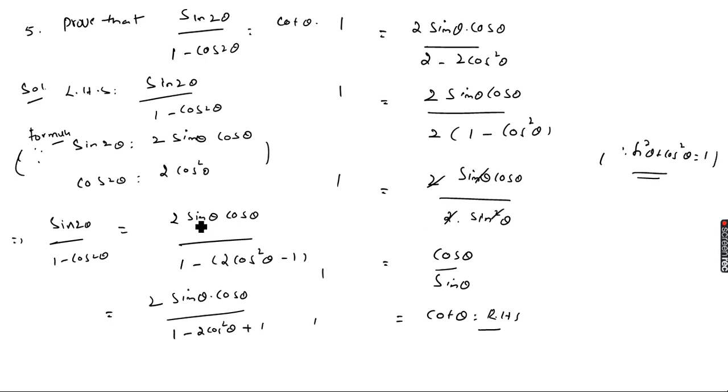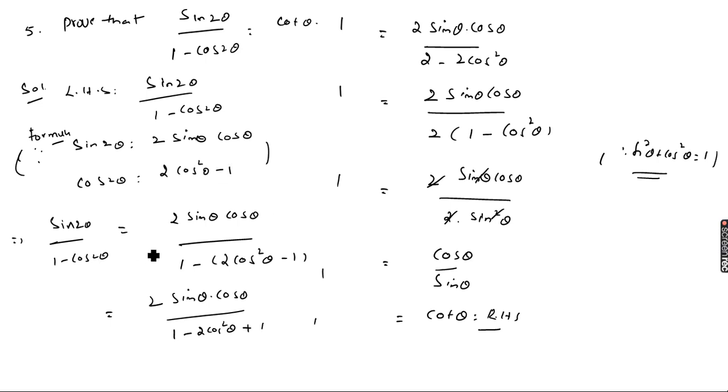So therefore, for simplification of this problem, first we need the basic formulas: sin 2 theta is nothing but 2 sin theta cos theta, and cos 2 theta is nothing but 2 cos square theta minus 1.